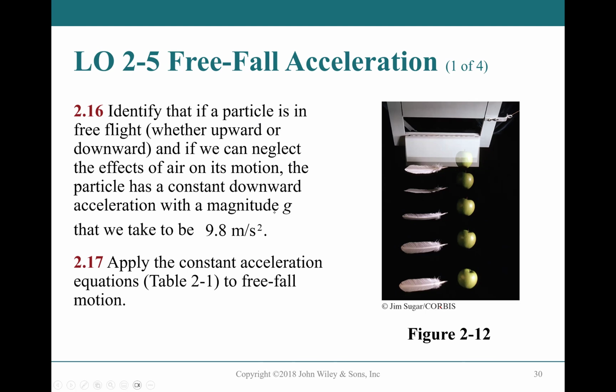So g we call gravitational acceleration, but the direction of the acceleration depends on how you define what is positive. If you define going up as positive, then your acceleration will be equal to negative g, which is negative 9.8 meters per second squared. But if you define going down as positive, which usually we do not do, then your acceleration will be 9.8.